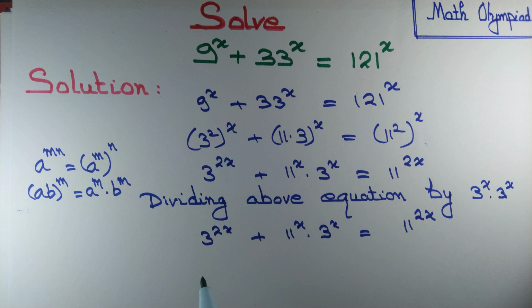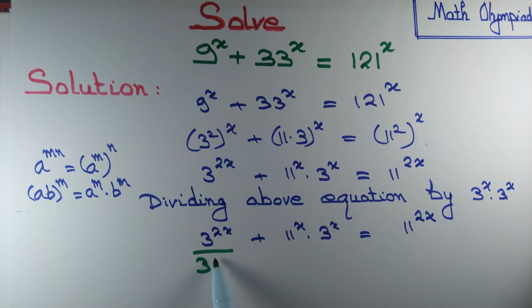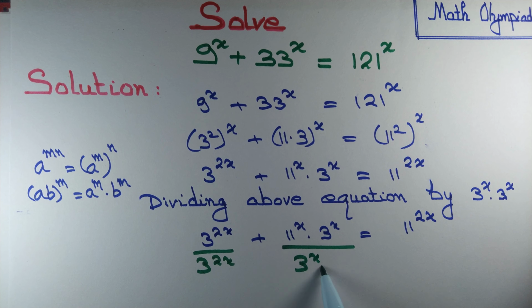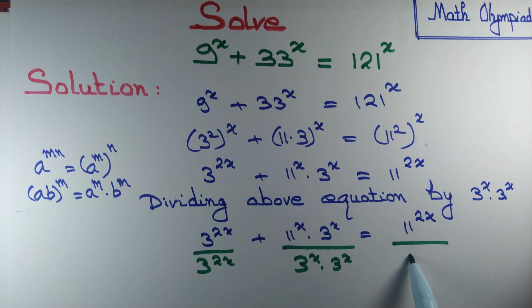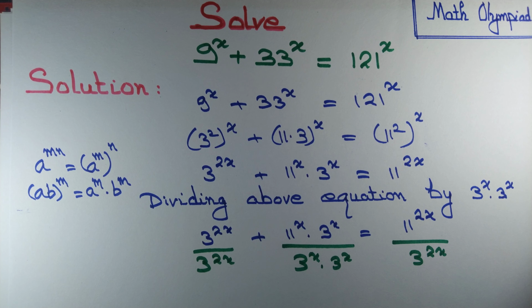Let's do it. 3 to the power 2x. This one, 3 to the power x into 3 to the power x, that's 3 to the power 2x. And this one 3 to the power 2x. Now we see that 3 to the power 2x gets cancelled here.